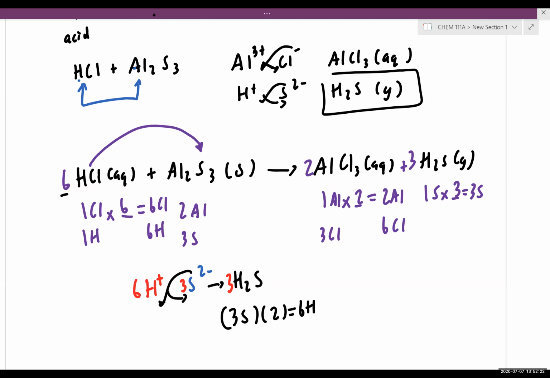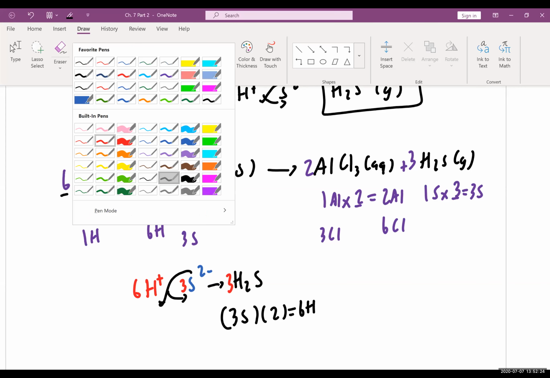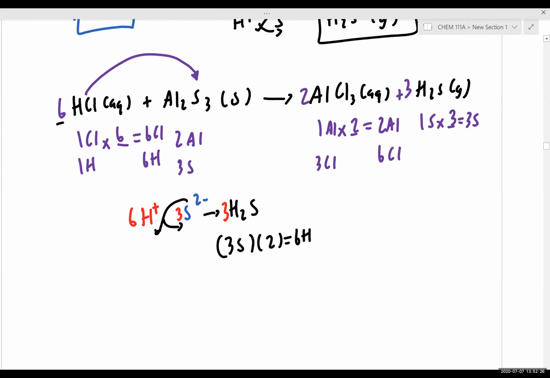Now that we have this acid-base reaction established, we're going to write out our total ionic equation. So we're going to dissociate all of our soluble ionic compounds and strong acids. Do I dissociate aluminum sulfide?